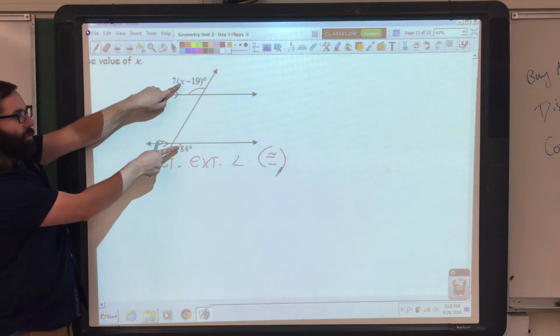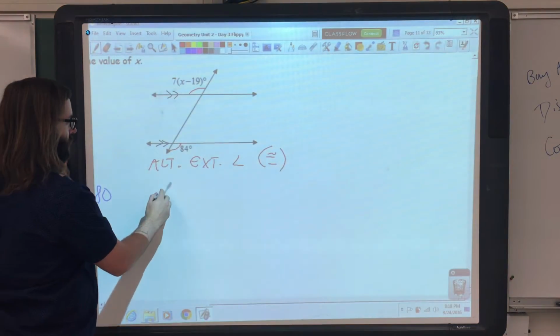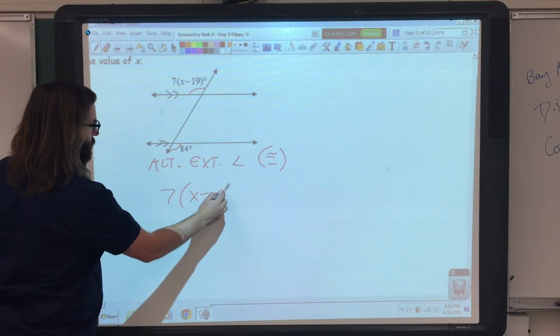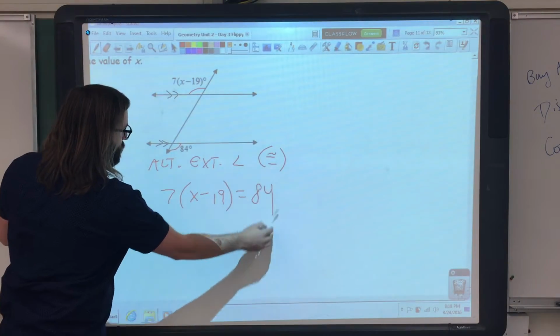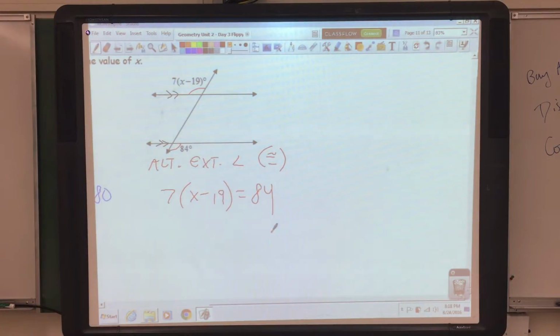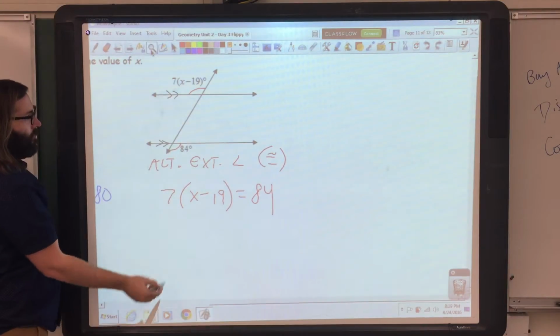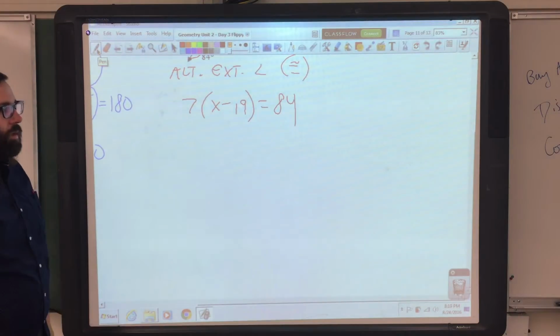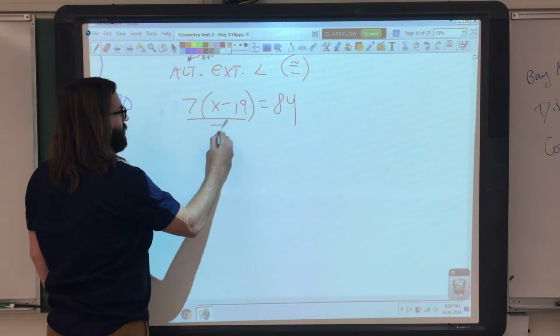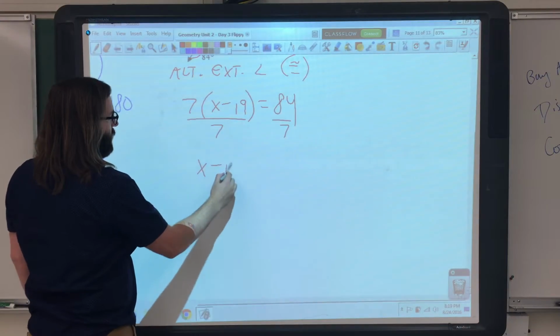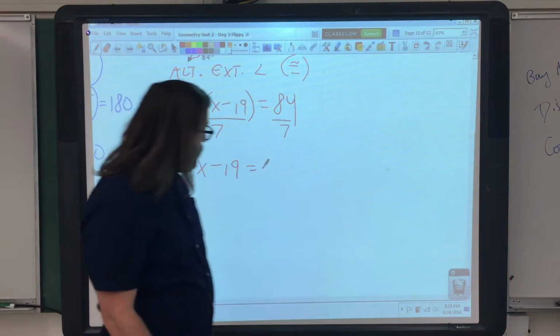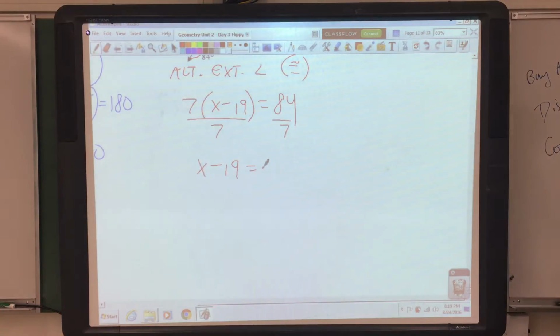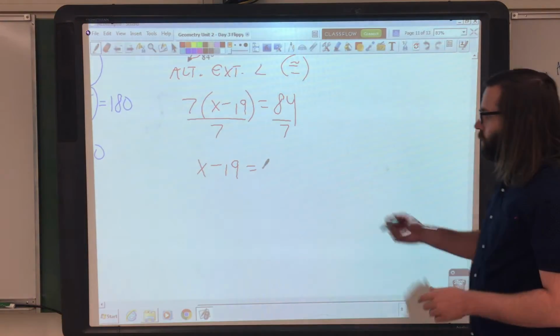So what we do is we set these equal to each other. So you have 7x minus 19 equals 84. Okay, so to solve for this, you divide by 7. 7x minus 19 is equal to, let's see, 84. You get 12.